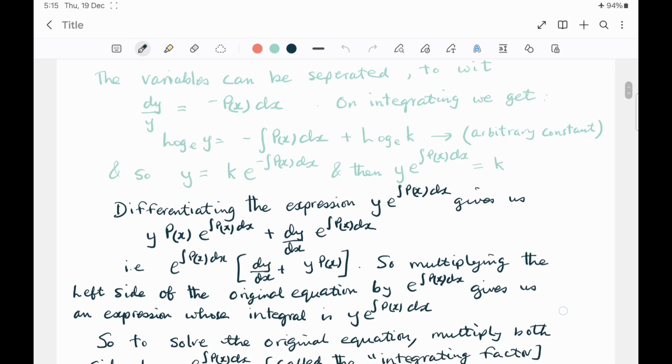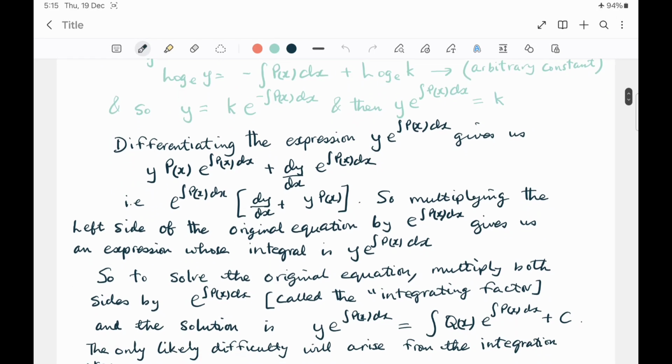So multiplying the left-hand side of the original equation by this quantity e to the integral p of x dx gives us an expression whose integral is y e to the integral p of x dx.